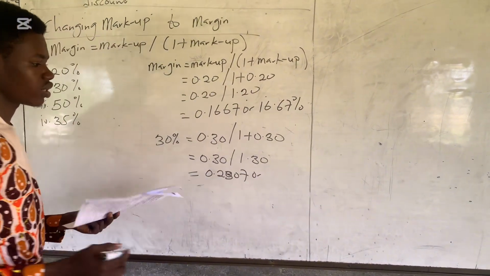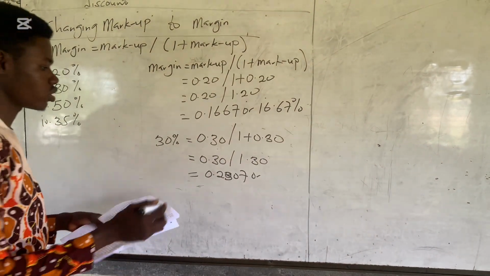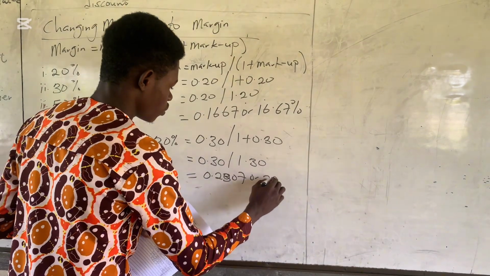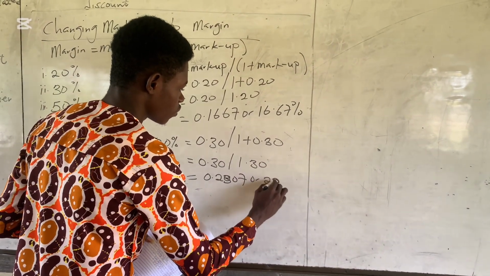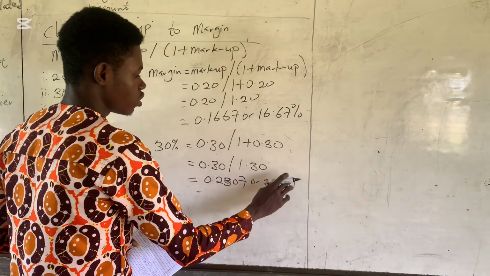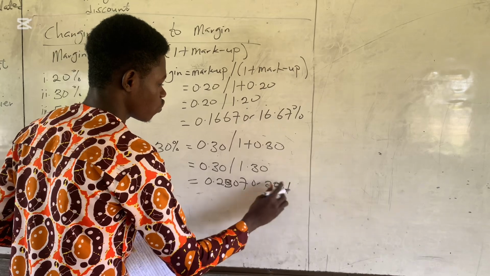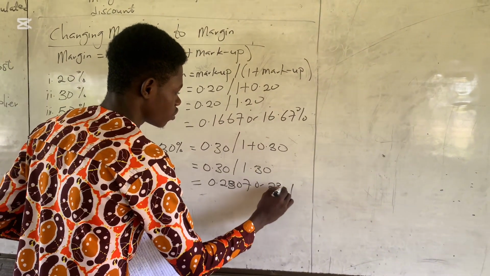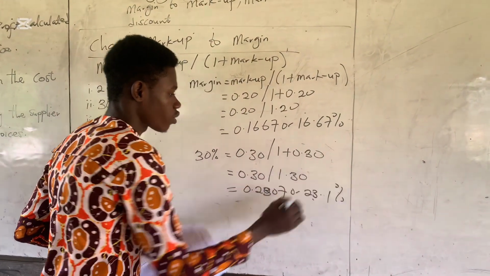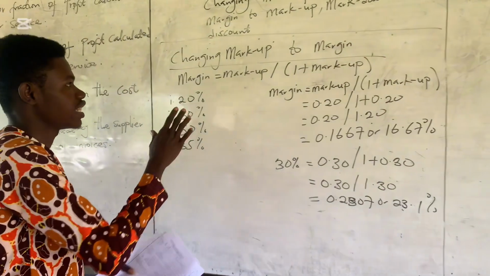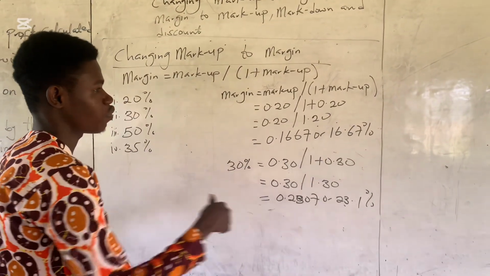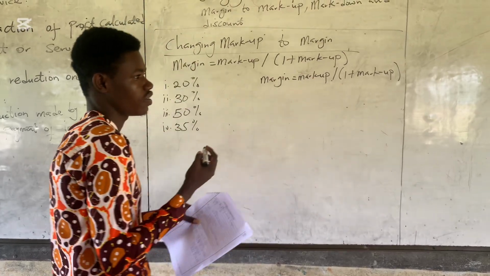When we multiply by 100, we get 23.07, which we can round to 23.1%. So when you change 30% markup to margin, you get 23.1%.